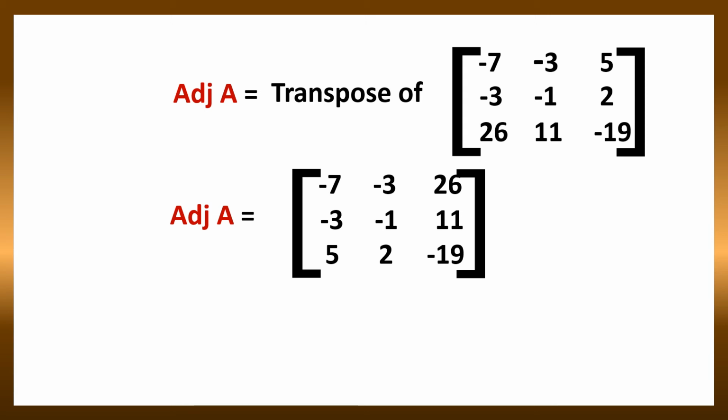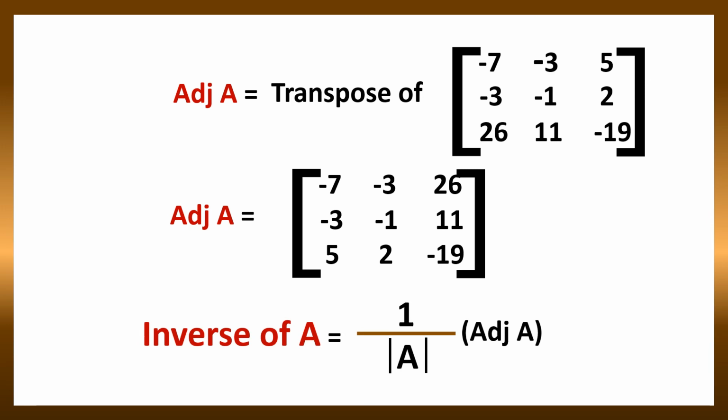Now let us look into the formula to find inverse of A. That is 1 divided by determinant of A into Adj A. Since we have already computed Adj A, next we have to calculate determinant of A to be applied in this formula.